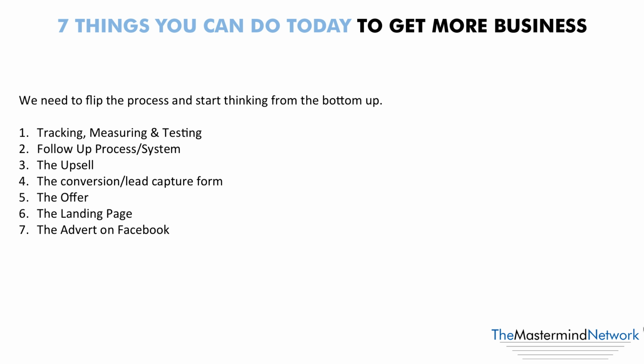And finally, once we've done all that, then we can look at the advert on Facebook. So we're not going to go through all those elements today. Really what we are looking at today is the advert on Facebook, and we will go through all these other elements within other tutorials and other sessions. So let's have a look at this offer on Facebook and putting the advert together.